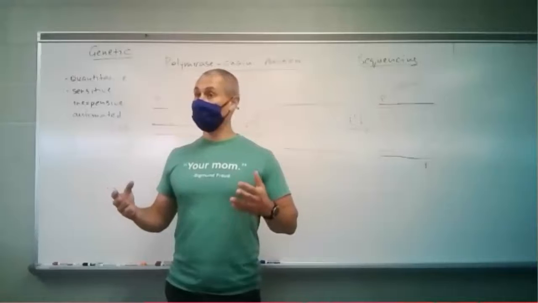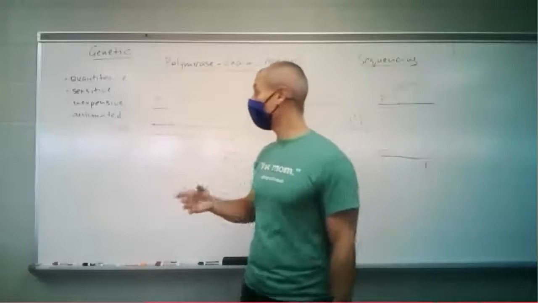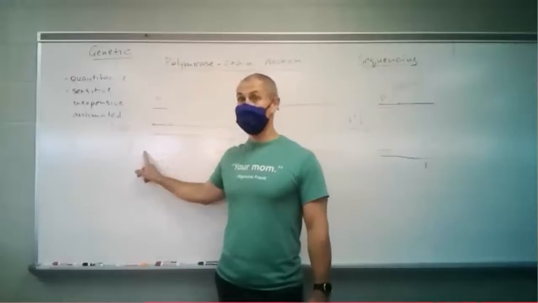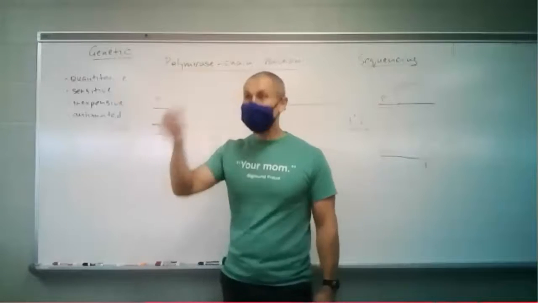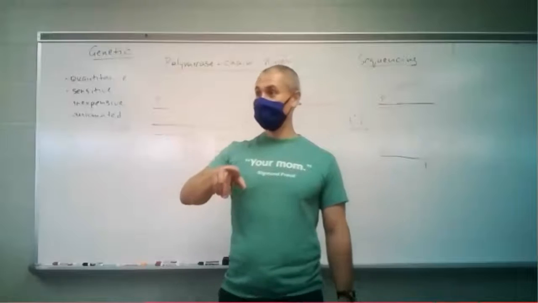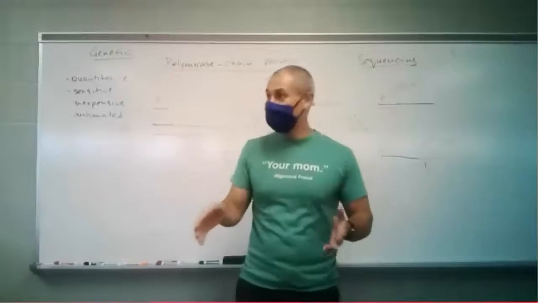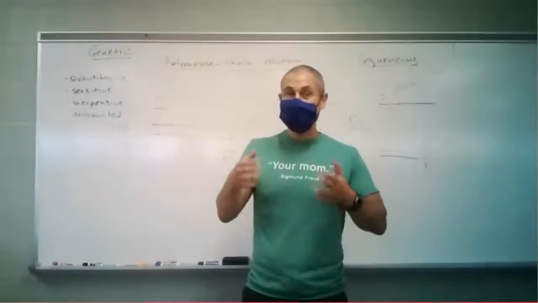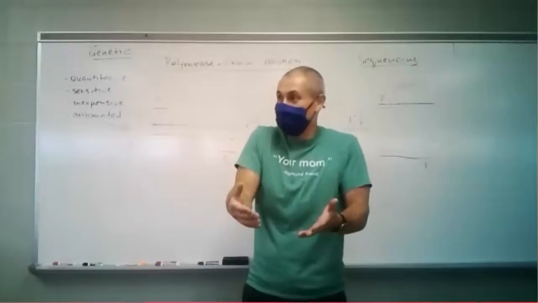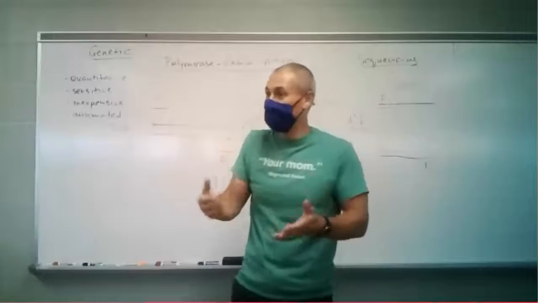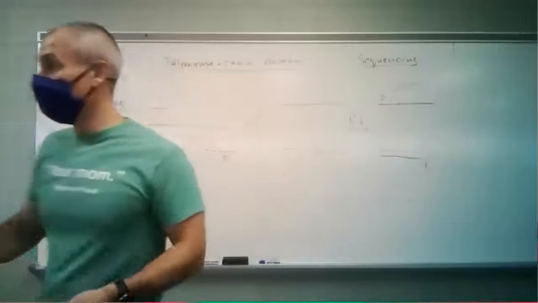Now, the advantage is it's not this. You literally find everything that's there. And that's the problem. Because if you know everything that's there, then how do you pinpoint what it actually is? You see what I'm saying? It's really hard to pin down the culprit.